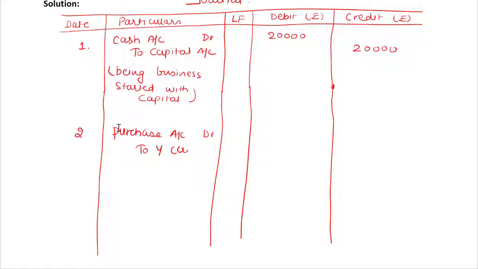Y is creditor. The amount is 4,000 on both sides. In narration, you can write being purchases made from Y.